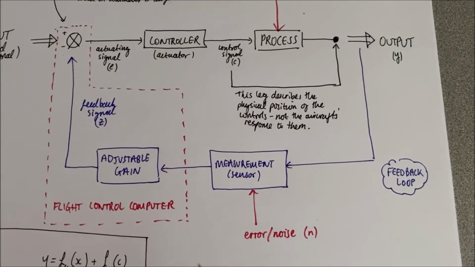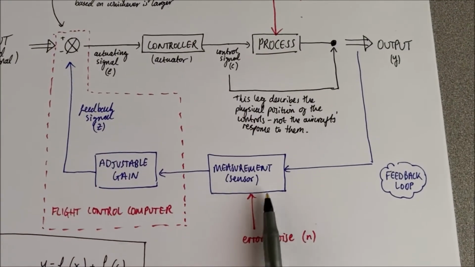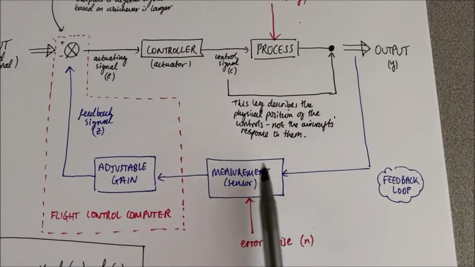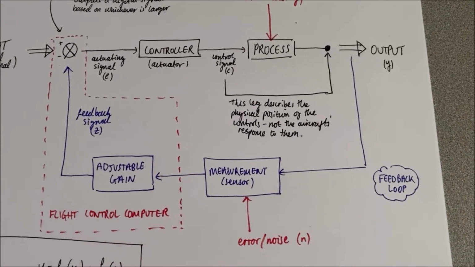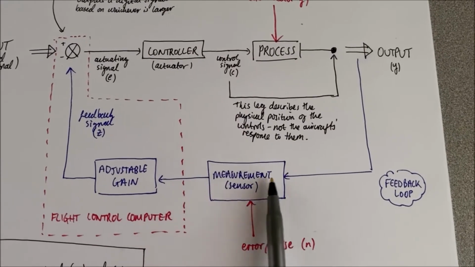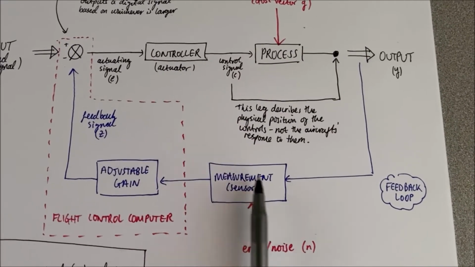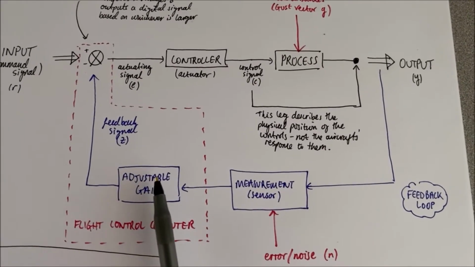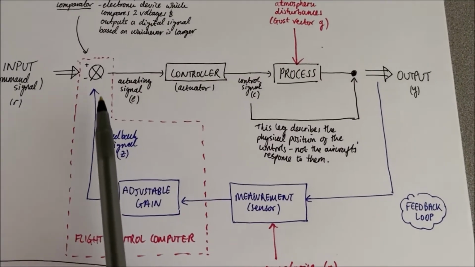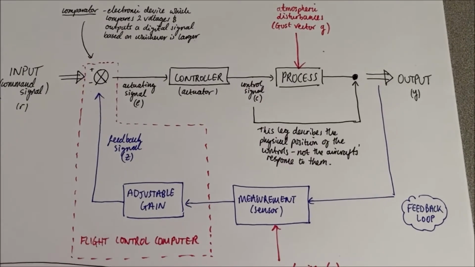So it's important that we factor in here any uncertainties based on our measurements that are taking place via our sensors. The information or the data from those sensors is then fed back into our flight control computer, which calculates the gain that needs to be applied to the actuating signal.